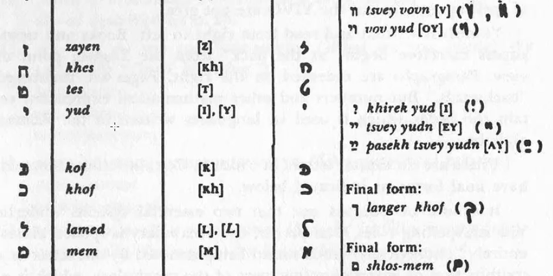So far we've come across two letters with final forms. There's Kough that has a Langer Kough, and there's Mem that has a Schloss Mem. This one is a long Kough, and this one, Schloss, is a padlock. And so we're up to letter Mem now.